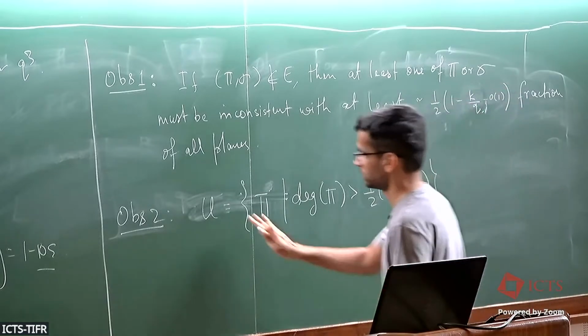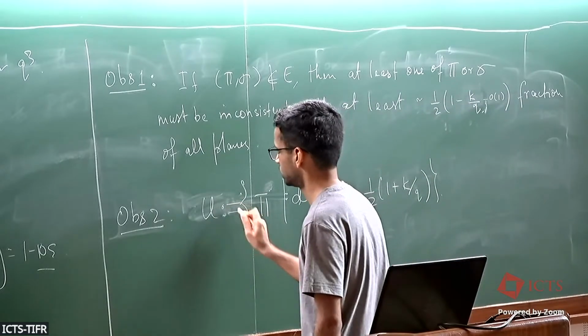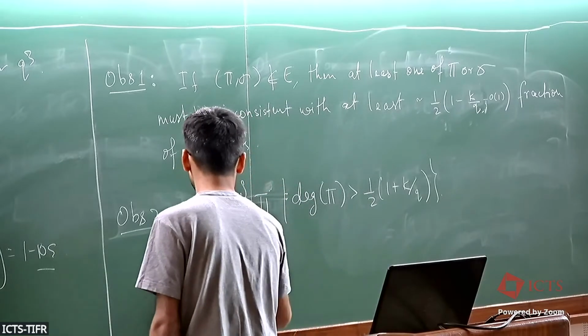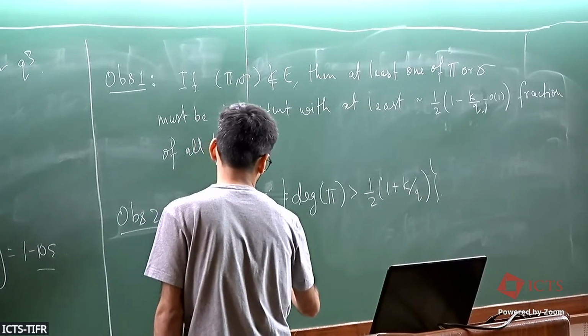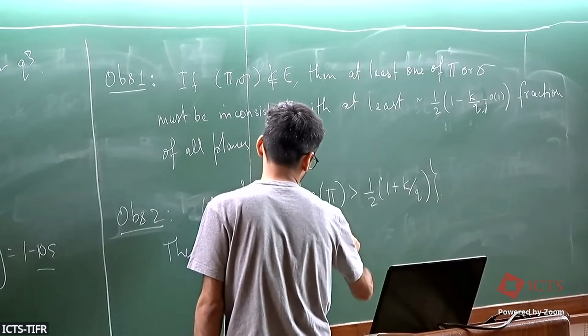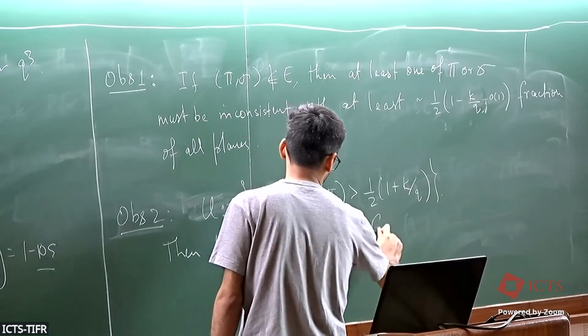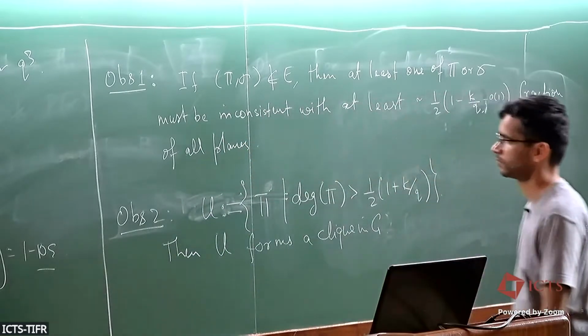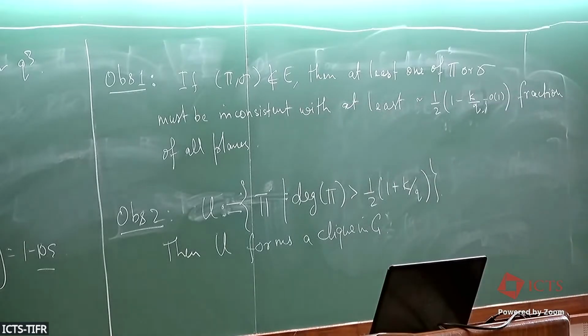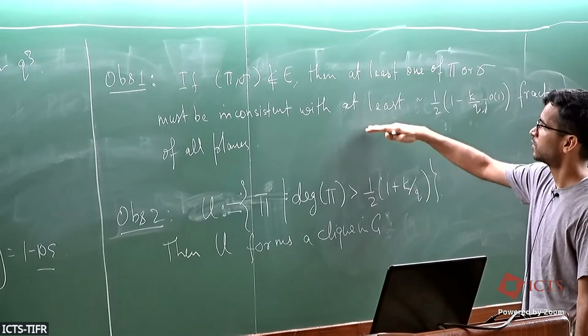Then U forms a clique. So we take all vertices of somewhat large degree and they will form a clique. Why would they form a clique? Well, that should be clear from this.